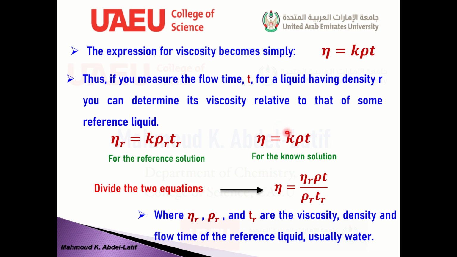If you just divide this equation by this one, K will be cancelled, and you end up with this one. The relative viscosity of a certain solution equals the viscosity of the reference divided by the reference parameters, times the density of the solution and the flow time of the solution.